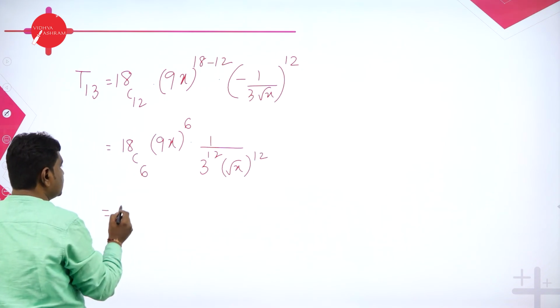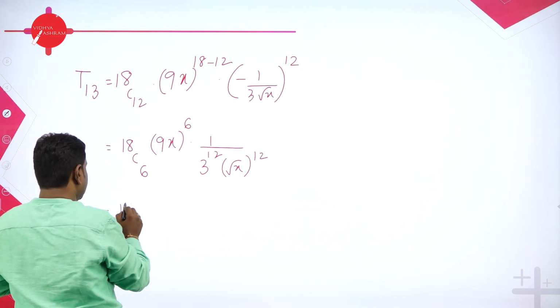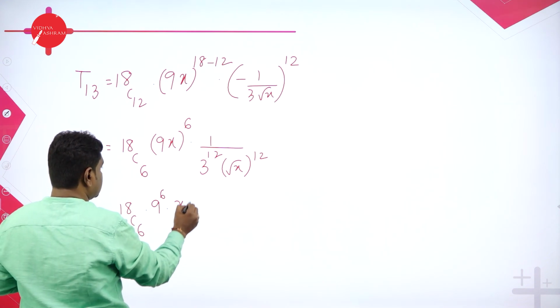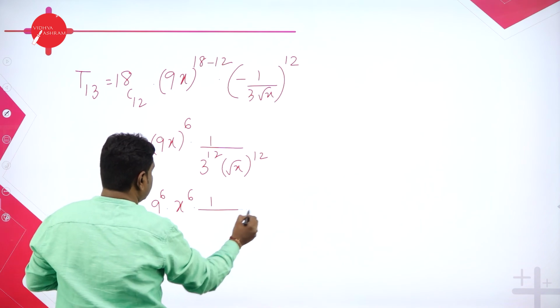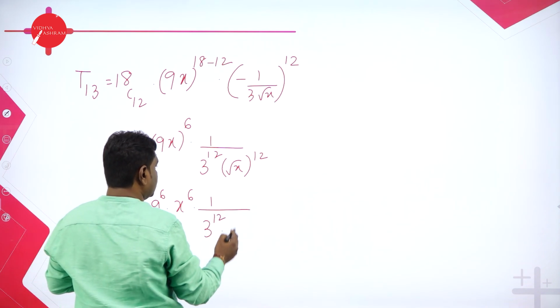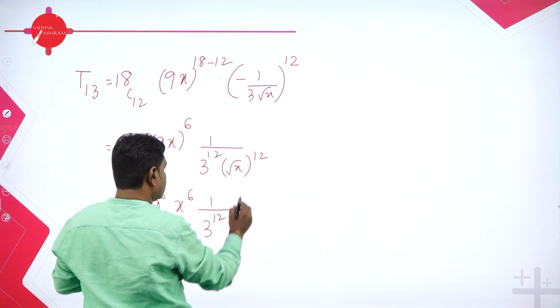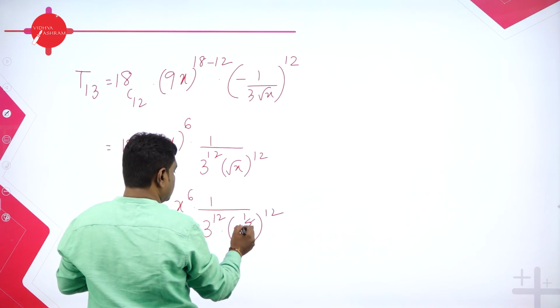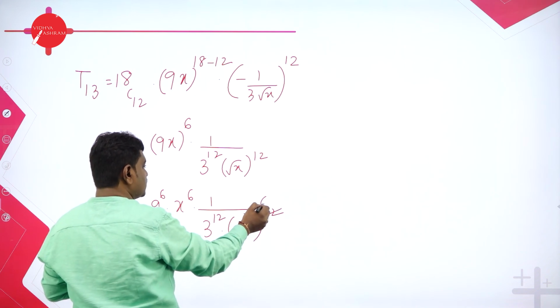Further, if you want, you can simplify. That is 18C6, 9 power 6, x power 6, into 1 by 3 power 12, into root x power 12. Root means power half, so 2 ones are 2, 6.